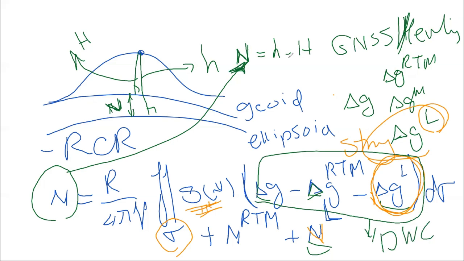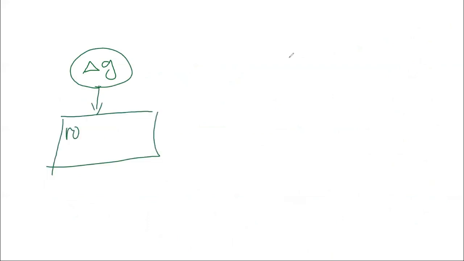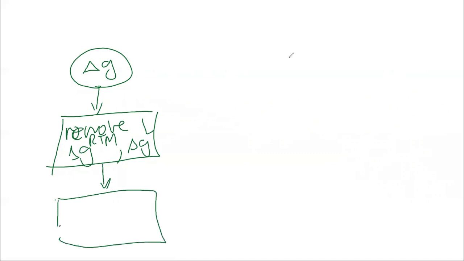So what is happening? Let me write a simple flowchart. If they have delta G, they will perform remove: delta G RTM, the high frequencies, and low frequencies of that. What you get is the medium frequency.